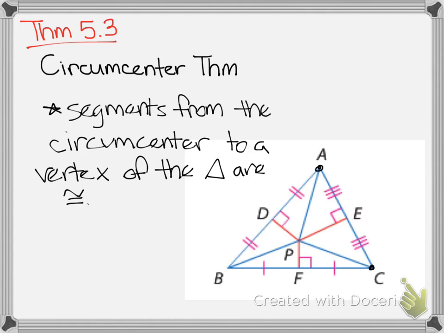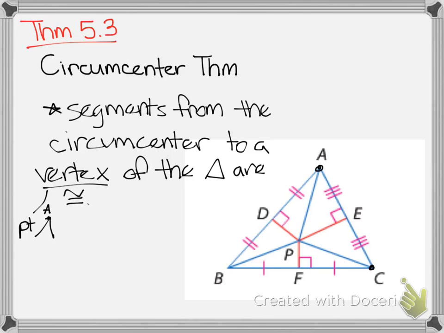So segments that go from the circumcenter to a vertex of the triangle. Remember, vertex just means a point of the triangle. Okay, that would be a vertex there. So A would be a vertex. So segments that go from circumcenter to vertex, those are all going to be congruent.